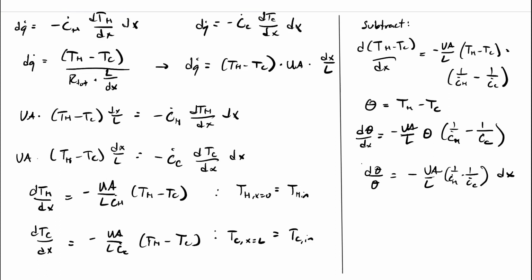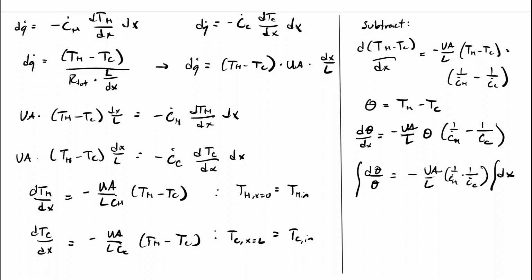This is just an integral, right? We're going to integrate here, integrate here. For the integral, we could do either indefinite integrals and then enforce boundary conditions, or we could do a definite integral where the boundary condition locations match, so let's just do that instead.